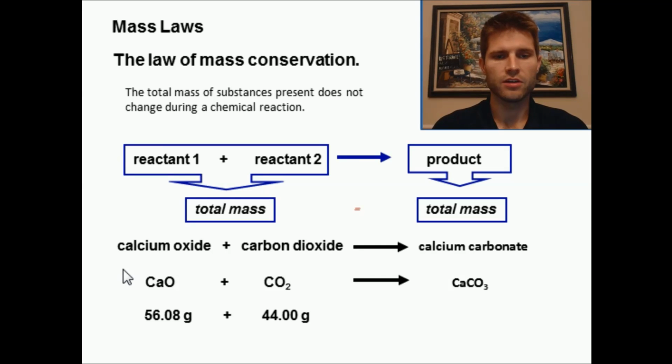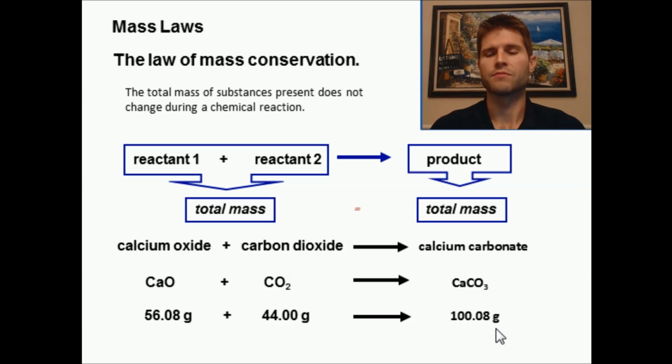So let's say we took 56.08 grams of calcium oxide and we added 44.00 grams of carbon dioxide. Now that's going to produce 100.08 grams of calcium carbonate. How in the world did I know that it was going to be 100.08 grams? Well, all I did was I added up the individual reactants, 56.08 plus 44.00.